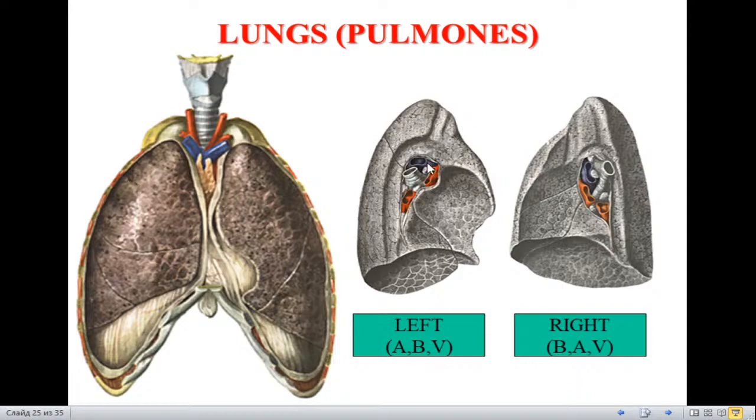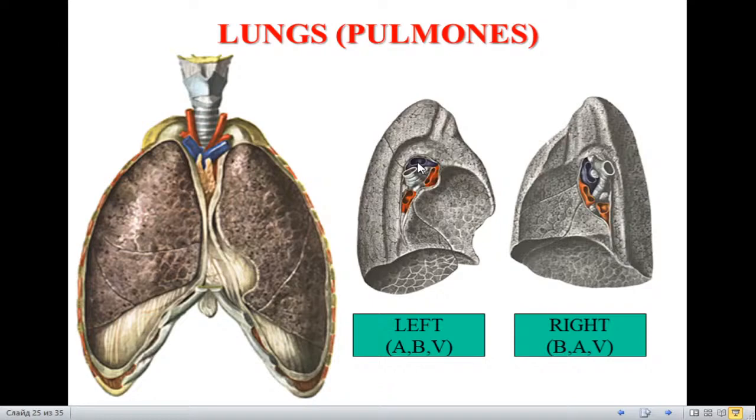In some books, in some pictures, you will see that the pulmonary artery is blue in color, because the pulmonary artery transports non-oxygenated blood, because it's the lesser circle of blood circulation.